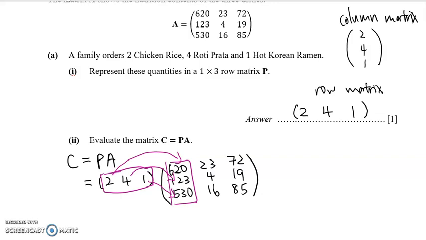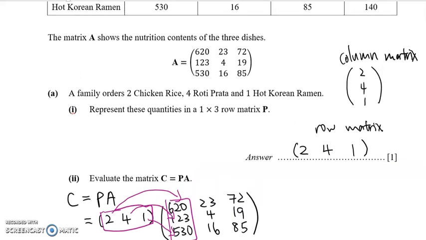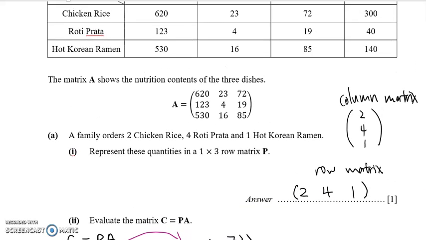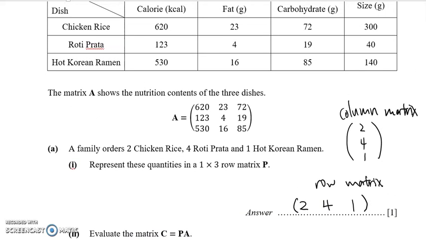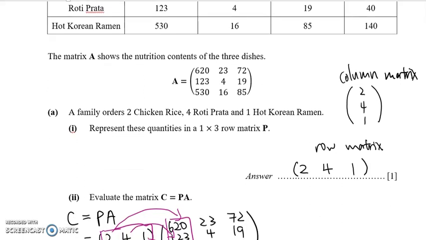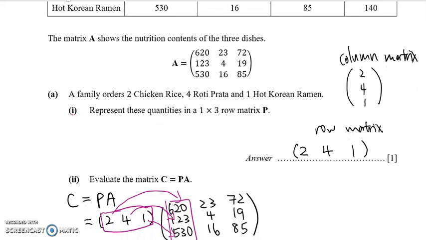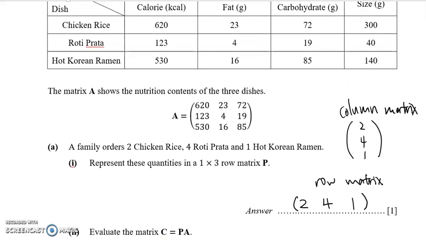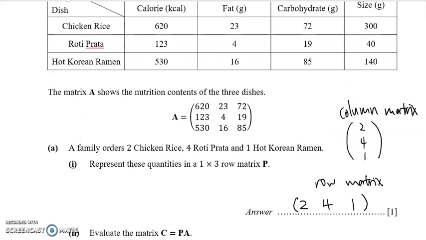You have to check that it actually makes sense. If I have 2 chicken rice multiplied by 620, that's the total calories from the chicken rice. 4 roti prata multiplied by 123 is the calorie intake from 4 roti prata.